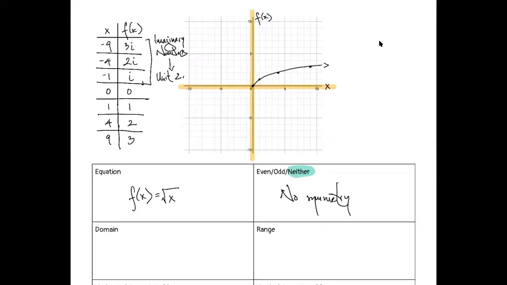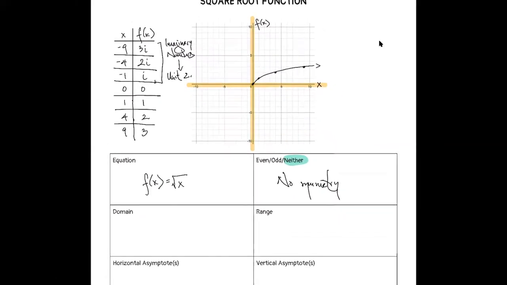All right. Domain. Domain is our x values. Domain is our input. What's the smallest number x that we could put in? Zero. Okay.